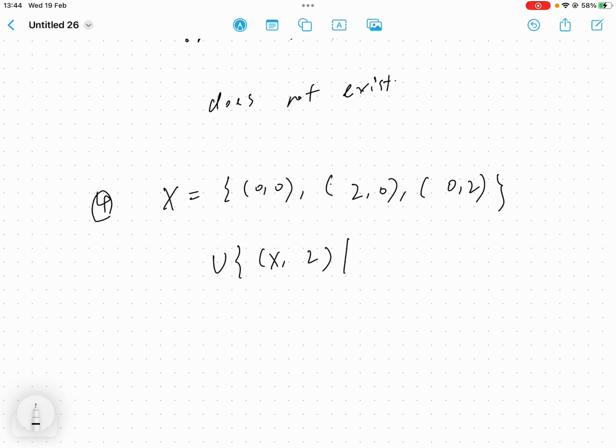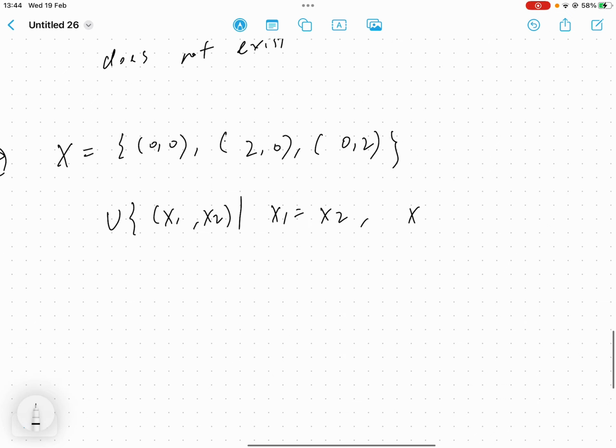Let's say for x1, x2, the set is gonna be x1 equals x2, for x1 greater than 2. So it doesn't include this point of 2, 2. Okay, so that's the point.